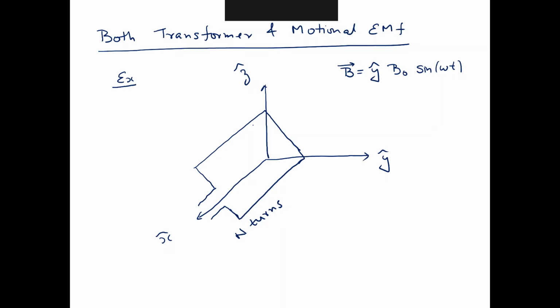So I have a loop with some width W and height H. This loop is centered on the x-axis. And as it is centered around the x-axis, the loop is rotating about the x-axis with the same angular frequency omega.